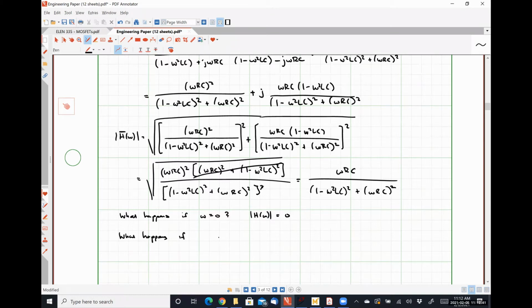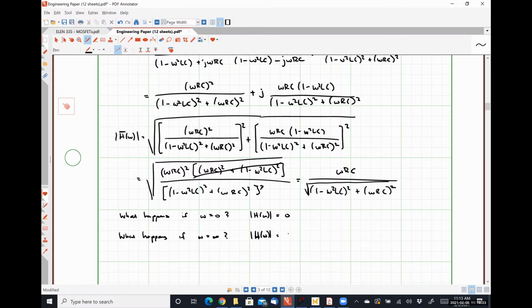What happens when omega approaches infinity? So at very high frequencies. Oh, I'm sorry, I should have a square root sign here. I apologize for that. It's also going to be 0. We're going to have infinity over infinity squared, which will be 0.